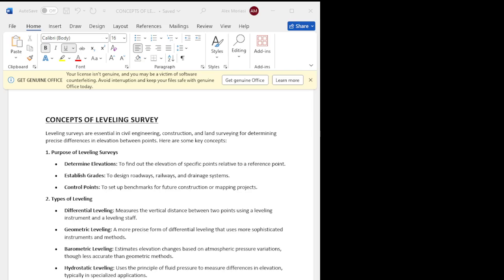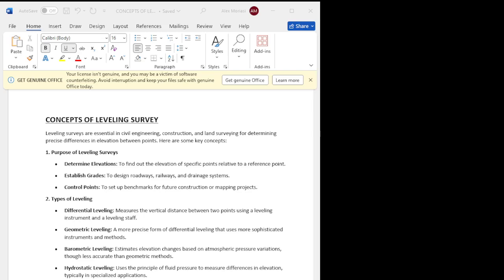These control points are used as features whereby you can use them today or in the future, as well as establish grades, maybe in designing of roadways, railway lines, and drainage systems. Determination of elevations is whereby the elevation of a specific point relative to reference points is determined.